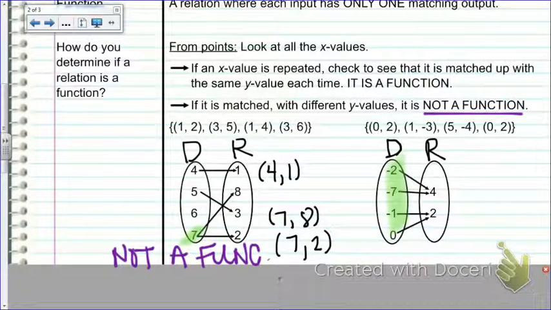So -2 goes to 4 and -7 goes to 4. They each only have one line coming out of them, right? So we're still good. -1 goes to 2 and 0 goes to 2. They each only have one line coming out of them, right? So is this one a function? Yes. So this one is a function.